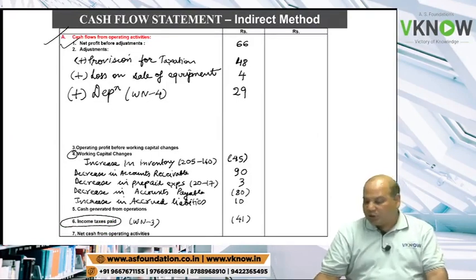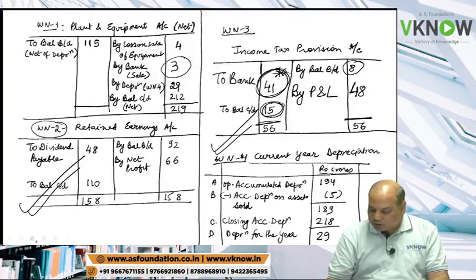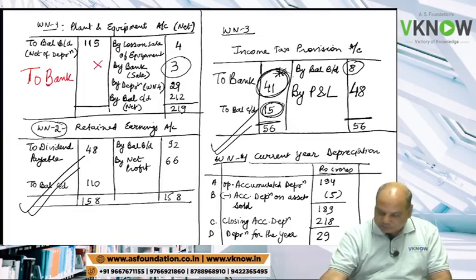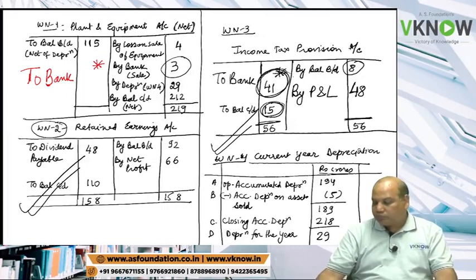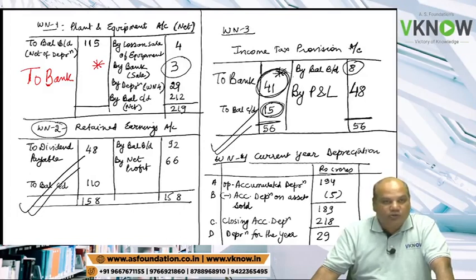So I have completed all adjustments. Now please go to the plant and equipment account and tell me the balancing figure, which is to bank. Sanket is right, depreciation is included in operating expense. So who will give me the to bank figure?